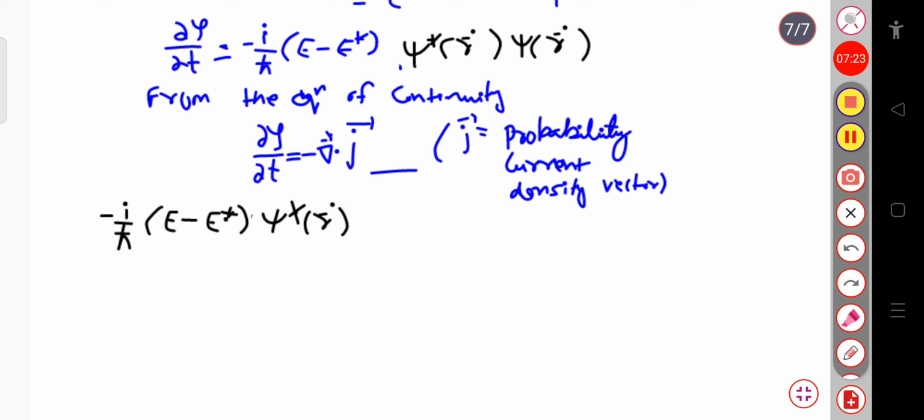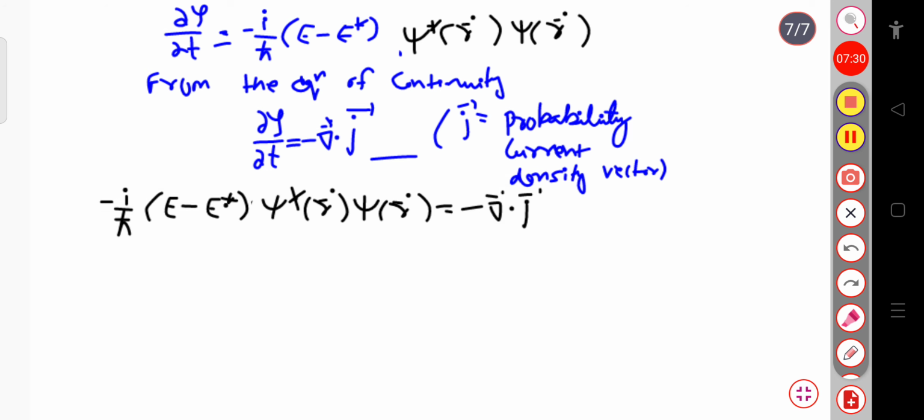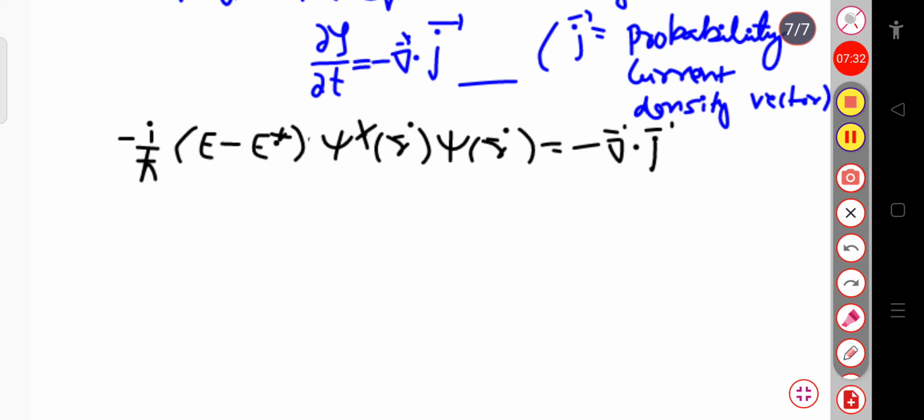Now here I can also write, let me correct this also, this is your psi star of r into psi of r, and that is equal to minus del dot j, minus del dot j vector, that is the probability current density vector. Or this also can be written as, if I multiply by iota, this minus minus gets cancelled. If I multiply and divide by iota, then that will be again minus.